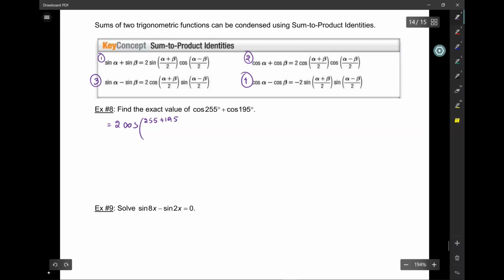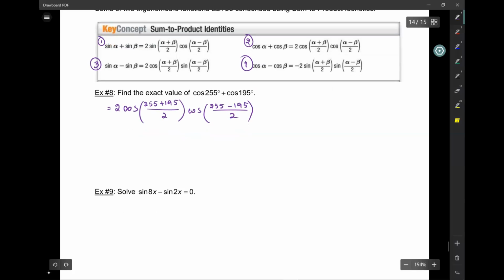They're new: one is product to sum, one is sum to product. So this is going to equal 2 cosine of (255 plus 195) over 2, times cosine of (255 minus 195) over 2. This is 2 cosine 225 times cosine 30.